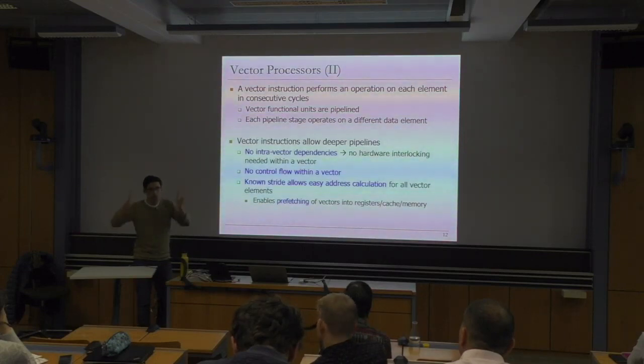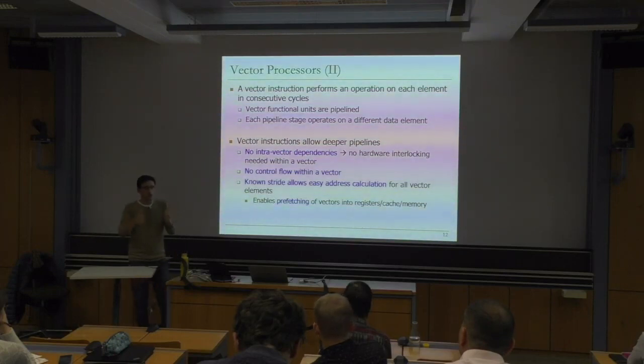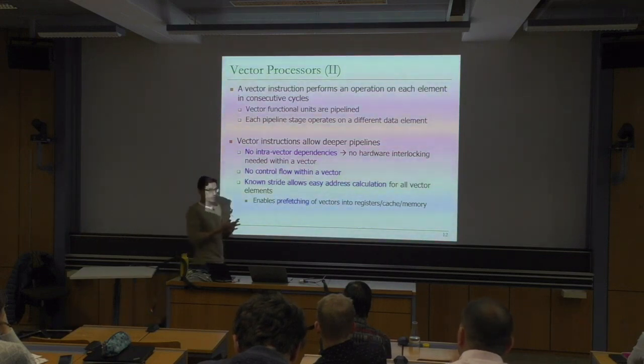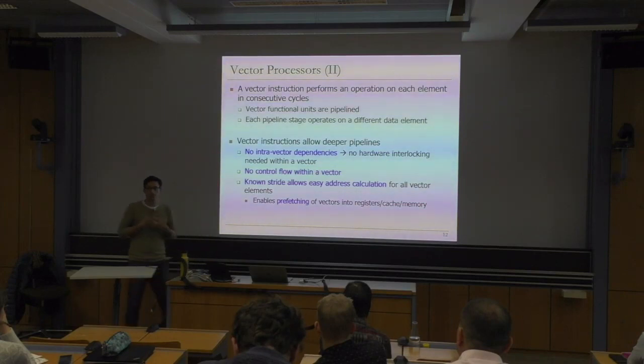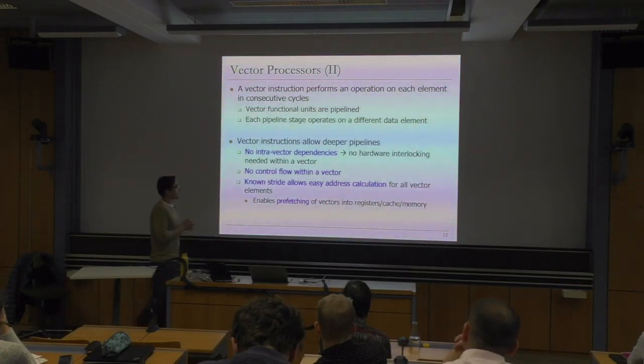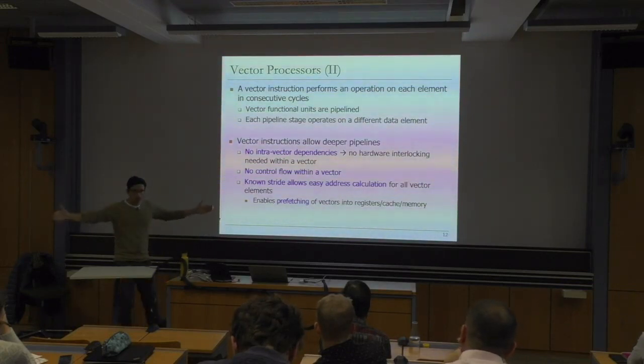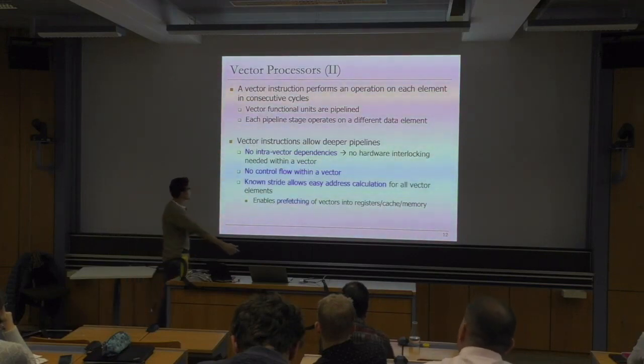So the cycle duration of the machine depends on how many things we have to do in each of these pipeline stages. That's what is called the critical path. This critical path defines the frequency that the machine can operate at. So if we have deeper pipelines, we can probably have fewer things to do in each of the pipeline stages, and this way we can have a higher frequency.